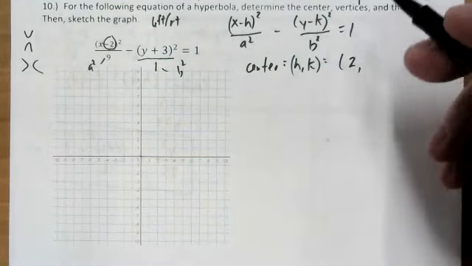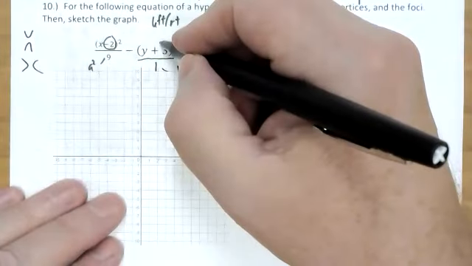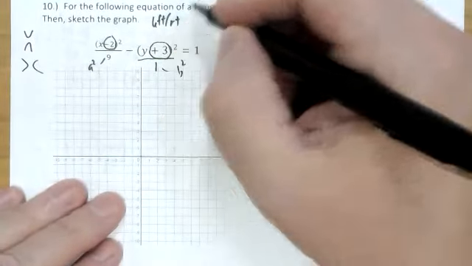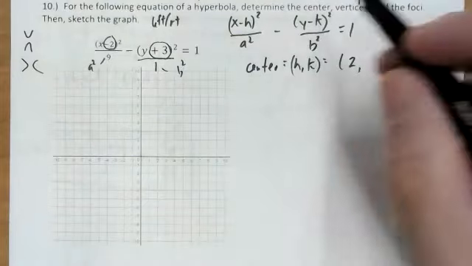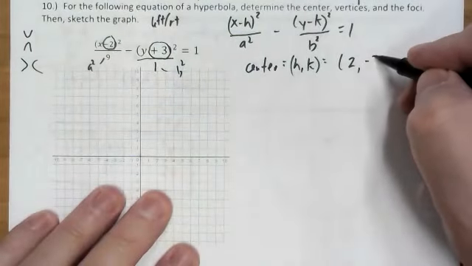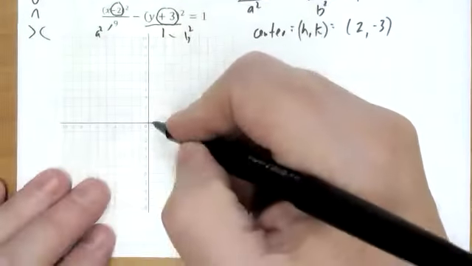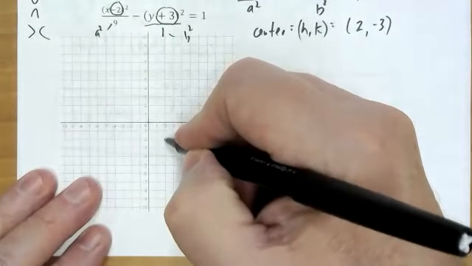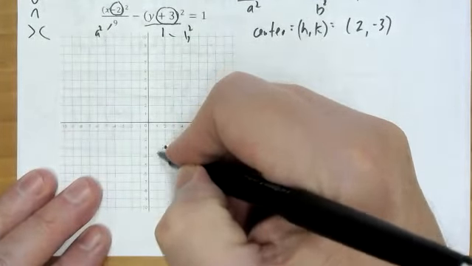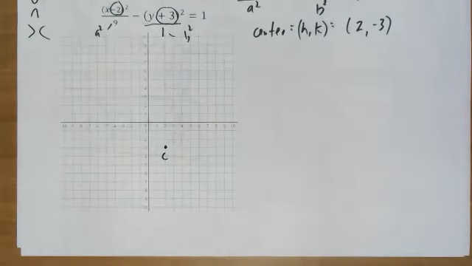So it's just 2. The k is whatever is with the y. I grab this +3, but I change the sign to determine the value of k. So this is the center of the hyperbola, (2, -3). I can graph it at (2, -3). So that's the center of the hyperbola.